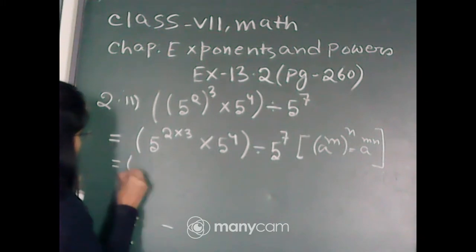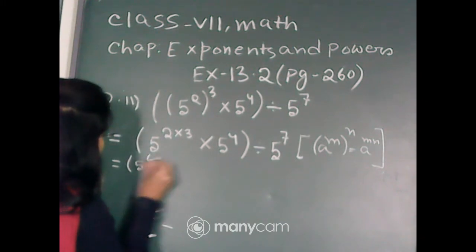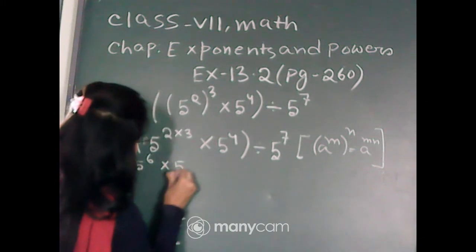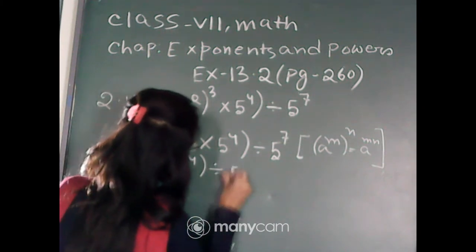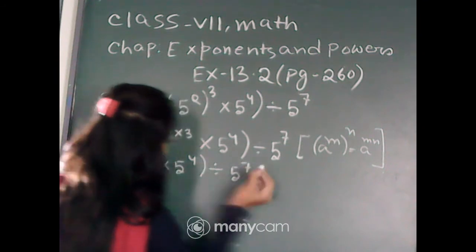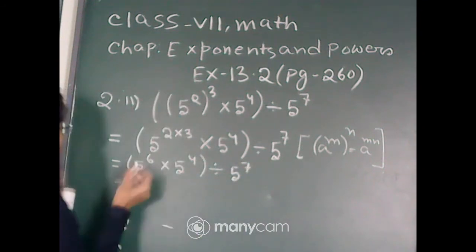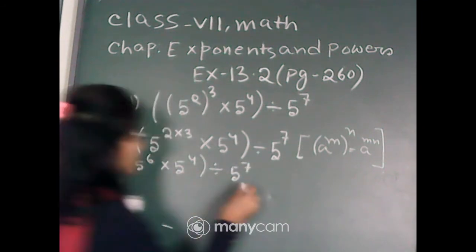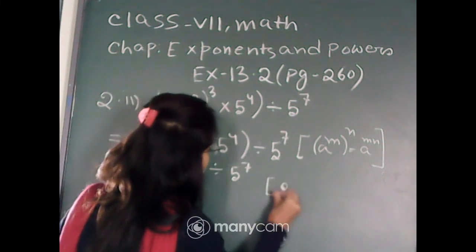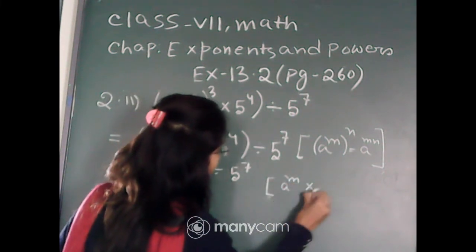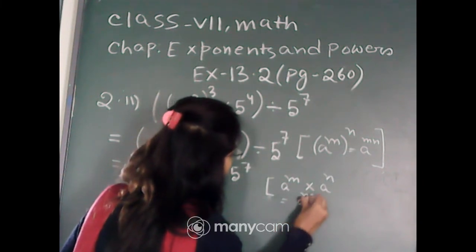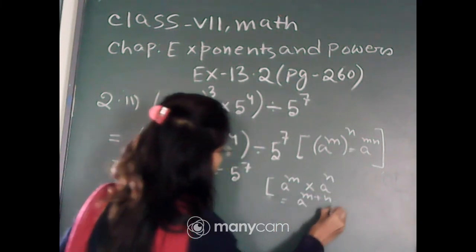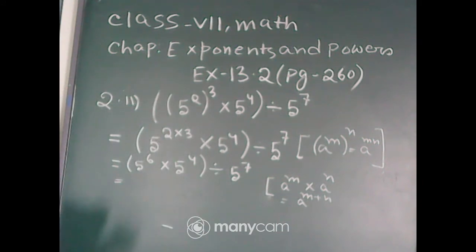This is equal to 5 to the power 6 into 5 to the power 4 divided by 5 to the power 7. Now, we use the law a to the power m into a to the power n is equal to a to the power m plus n, where a is any non-zero integer and m, n are whole numbers.